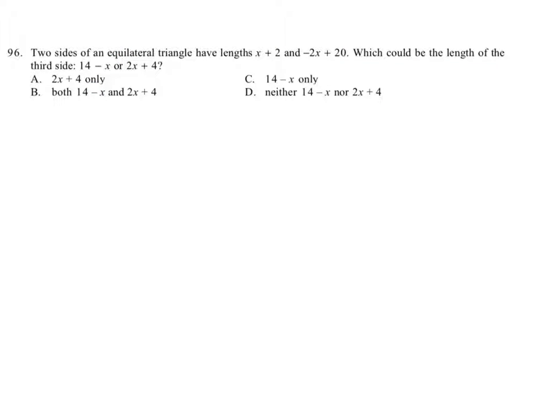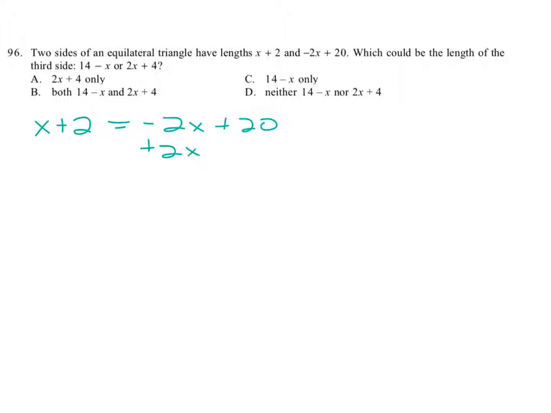So we're going to take what they give us, and what they give us is x plus 2. Since the sides are equal, they're equilateral, it should be equal to negative 2x plus 20. We can use this to solve for x.